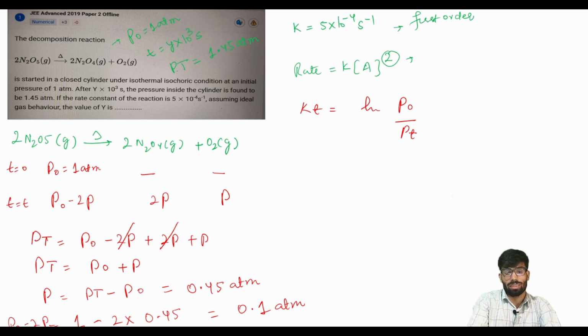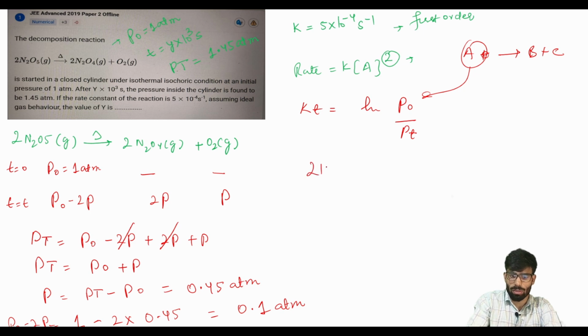But here, if I write the rate law for the reaction A gives B plus C, this rate law is applicable, but we have two in the stoichiometry. That means for that case, the rate law will change.